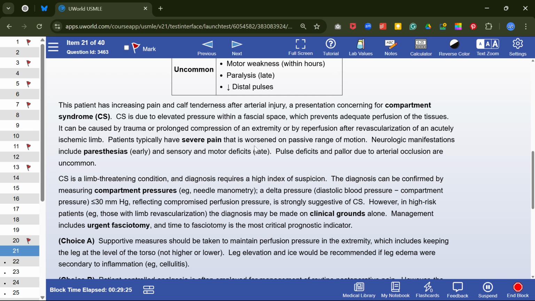However, in high-risk patients, those with limb revascularization, the diagnosis may be made on clinical grounds alone. Management includes urgent fasciotomy, and time to fasciotomy is the most critical prognostic indicator.